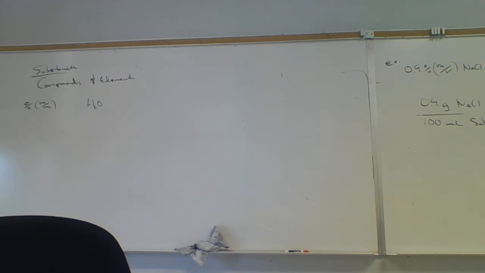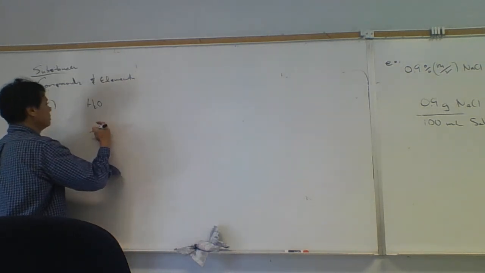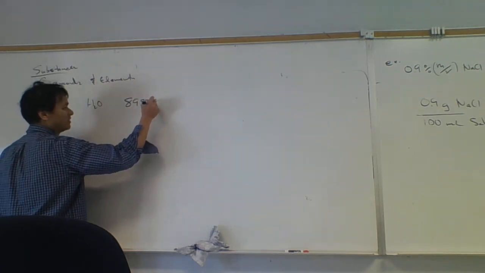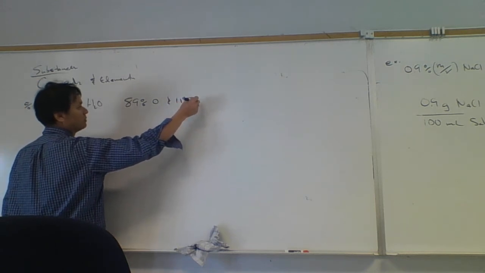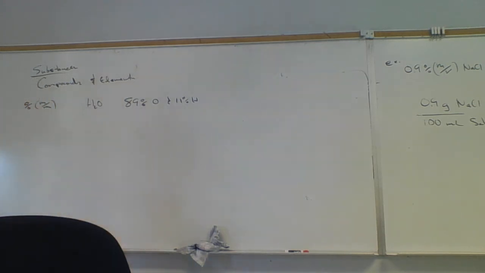But if not, we could figure it out. We can calculate it. So what is the percent? Well, it turns out if we sit down and figure it out, the percent composition by mass is 89% oxygen and 11% hydrogen. And so water consists of 89% oxygen, 11% hydrogen by mass.